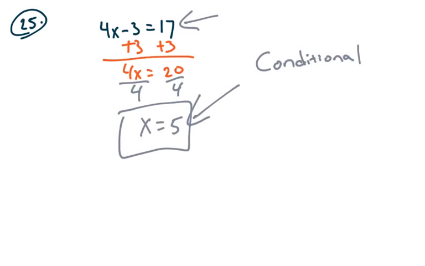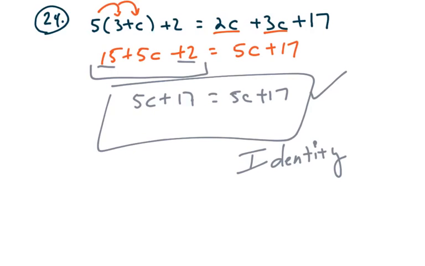So, what we're doing here, if you recall from the previous class, is that 4x minus 3 equals 17 is what we call a statement. And a statement basically means it's either true or false. This statement is true on the condition that x equals 5. Back on 24, it is always true. No matter what you plug in, it will always be the case.